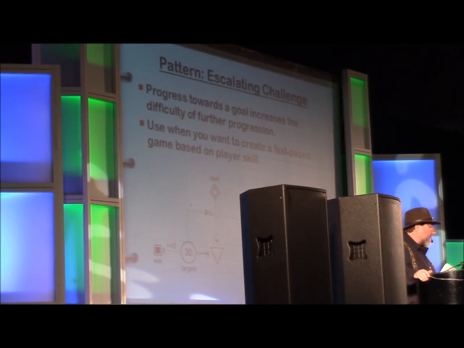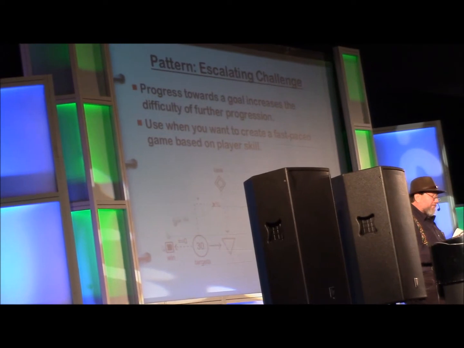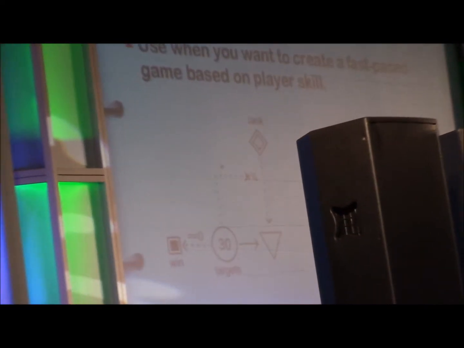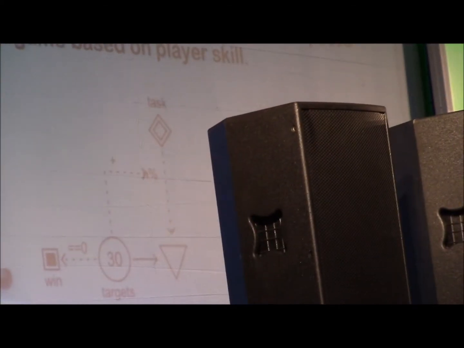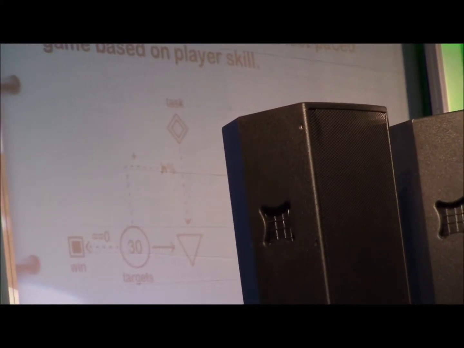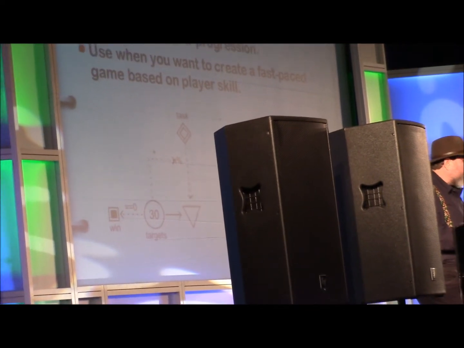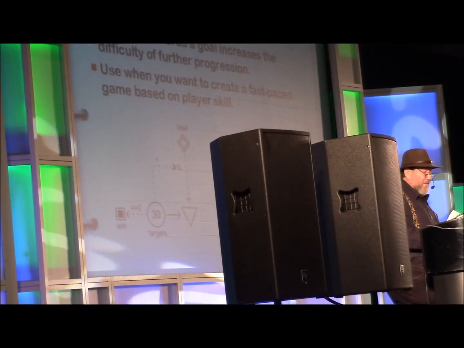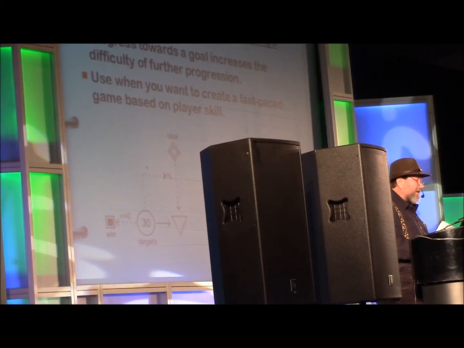Escalating challenge: you want to make things that get harder and harder. If you look at this right hand side, these are two different ways of implementing the same thing. The right hand one is a gate that doesn't actually gate anything, it's just interactive. When you click it, it triggers a source that generates something that represents progress. But there's only a certain probability, it says N% here, that it will be successful.